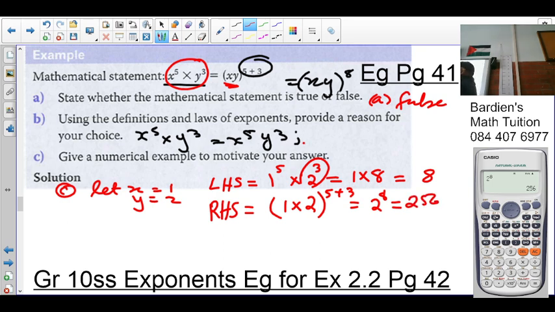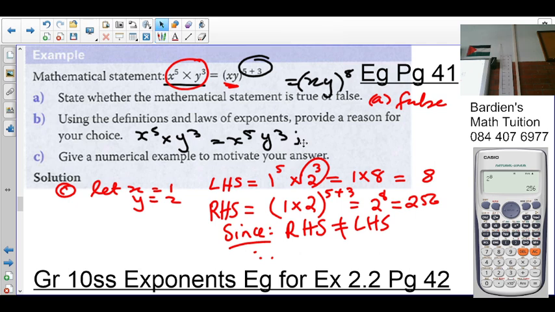People, is 8 the same as 256? Since the right hand side is not equal to the left hand side, the statement is false. Any questions there? No.